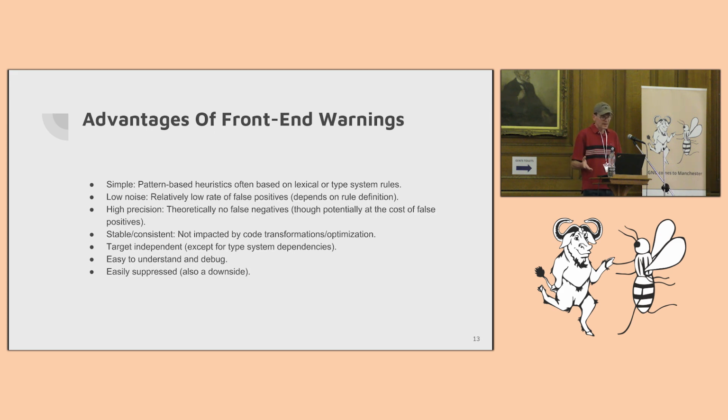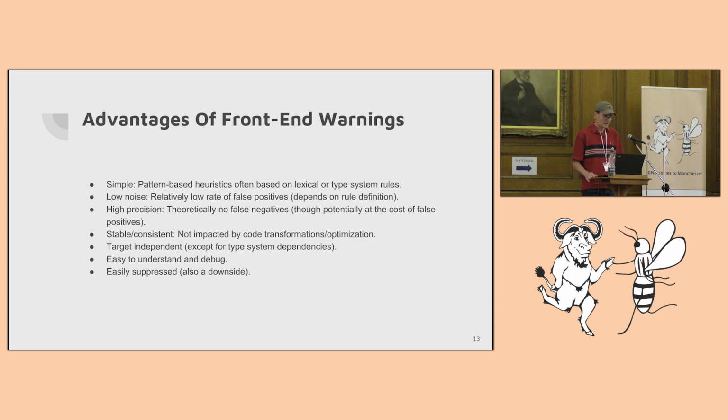Some advantages of the front-end warnings: I think I already suggested that because of their pattern-based nature, working like regular expressions, they tend to be simple and are based on lexical or type system rules. They tend to be low noise, and by their very nature they should be low noise. They should have a low rate of false positives. In practice, they don't have a zero rate of false positives, even though it would theoretically be achievable.